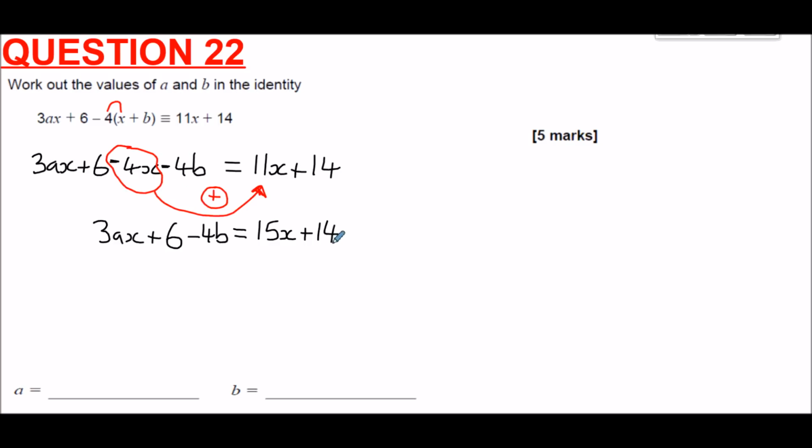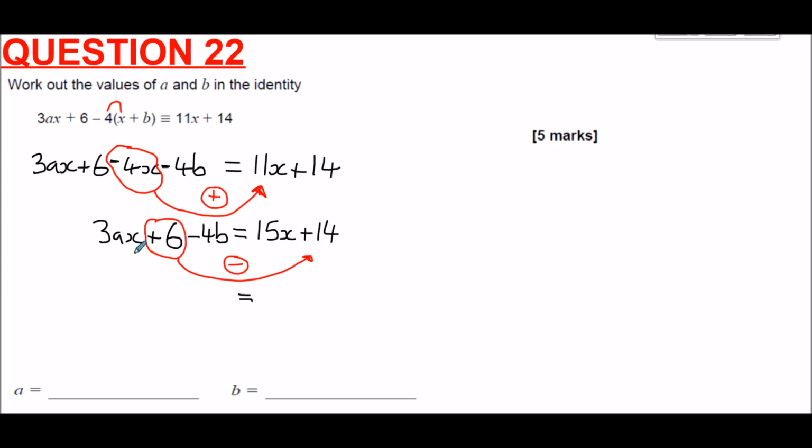We can get the numbers together as well, and so we can bring this 6 to join the 14. That 6 is positive, so when it swaps side, it'll swap sign. Opposite of plus 6 is minus 6.